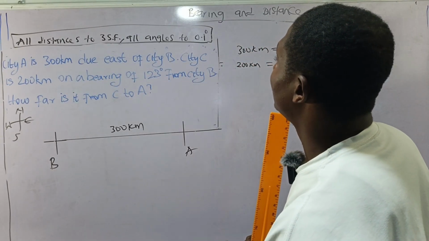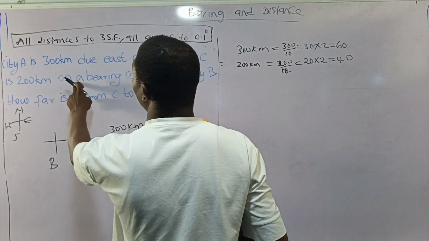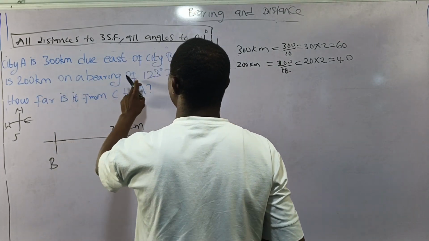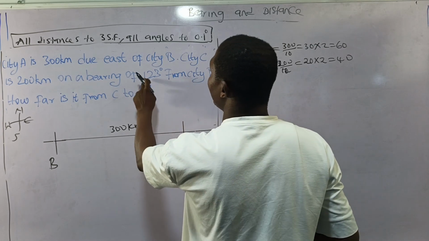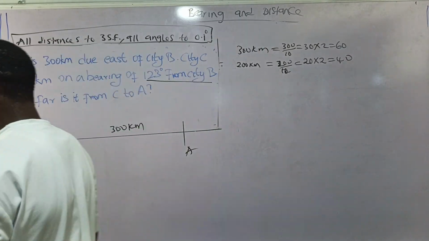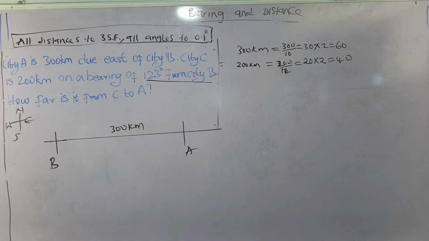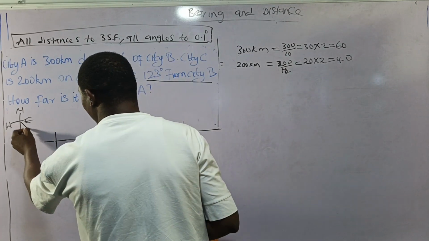Now, city C is 200 kilometers on the bearing of this from B. So B has this bearing, take note, 123 degrees. Where's my ruler? 123 should be here.